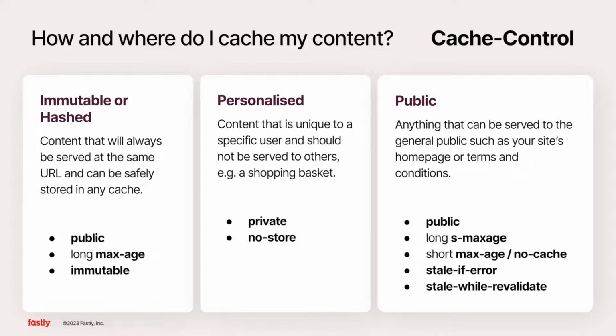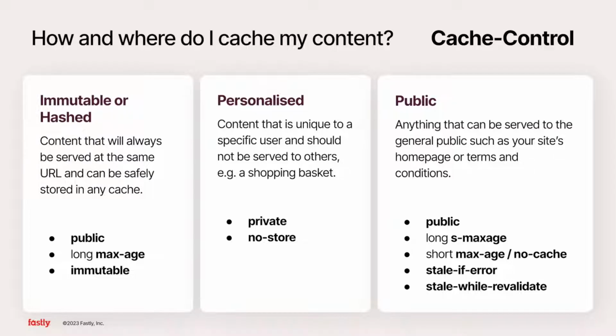So first of all, the content that we like the most is immutable content. So this is stuff that you publish at a URL and it then never changes. So it might disappear at some point in the future, but it will never change into something else. And this is often the case with things like JavaScript, CSS, images, where you've got some kind of build system that inserts a fingerprint or a hash or a signature, whatever you want to call it, into the URL.